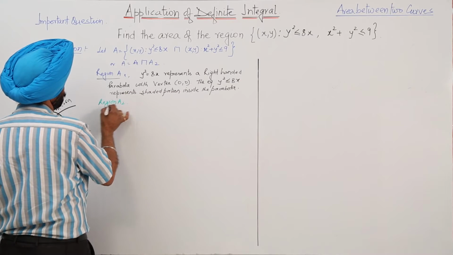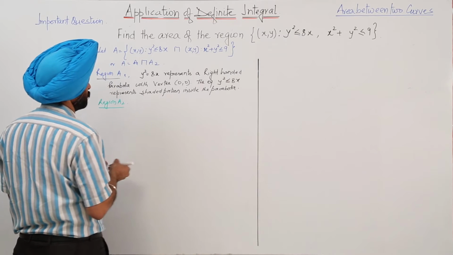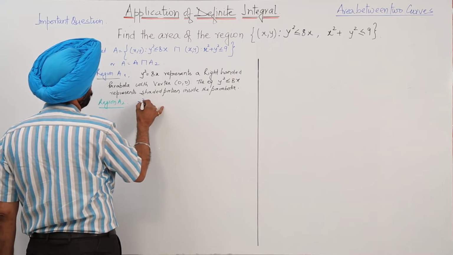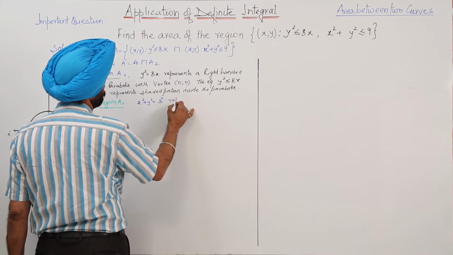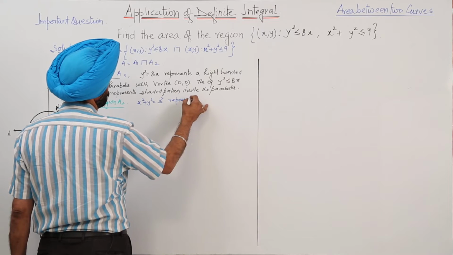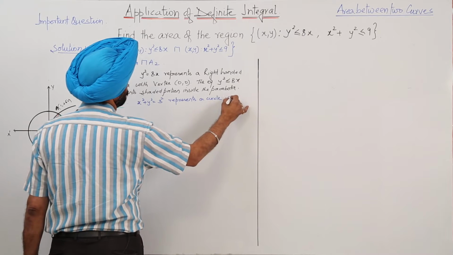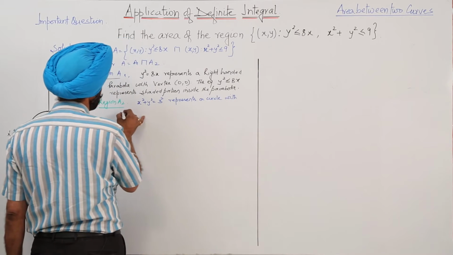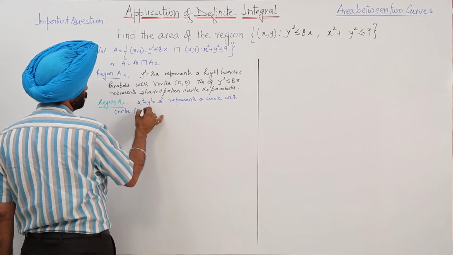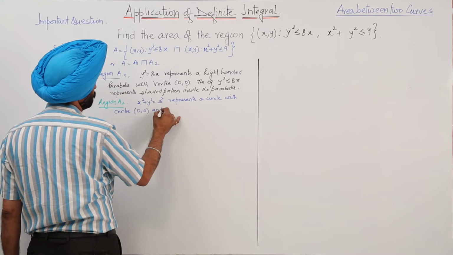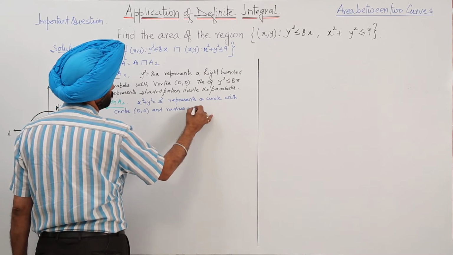Region A2. X square plus y square is equal to 3 square represents a circle with center lying at the origin and radius equal to 3.